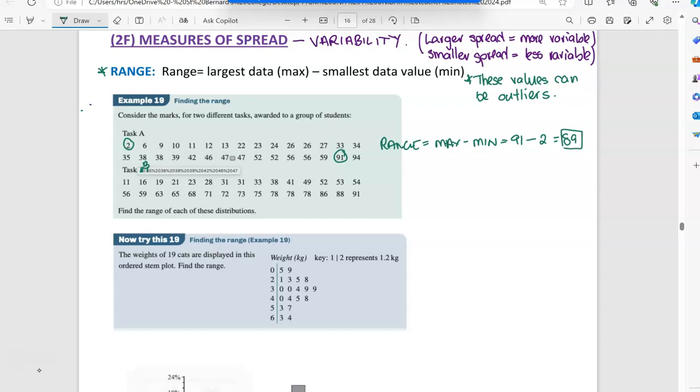That was task A, or class A. For task B, we do the range: maximum minus minimum. Let's look through, what's the highest in this data? I think 91 again.